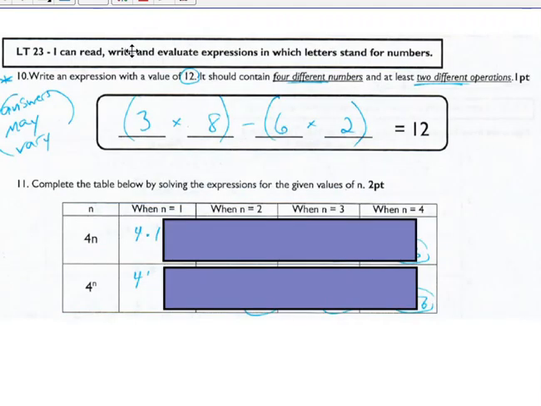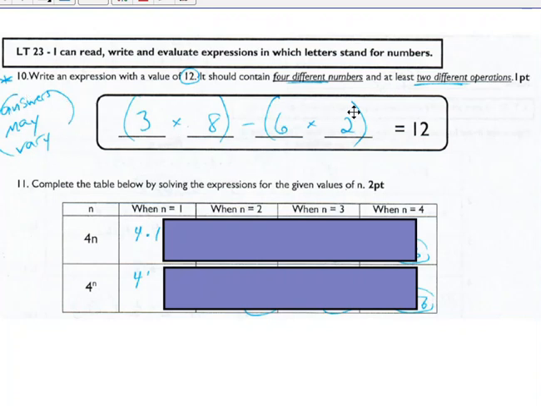All right, turn your page. Number 10, this one, you had to come up with something equal to 12. And you had to use at least 4 different numbers and at least 2 different operations. Okay, again, operations are adding, subtracting, multiplying, dividing. So a whole bunch of options here.